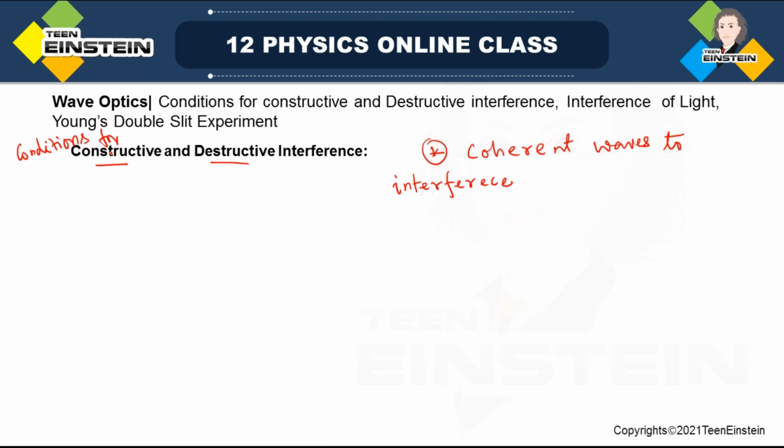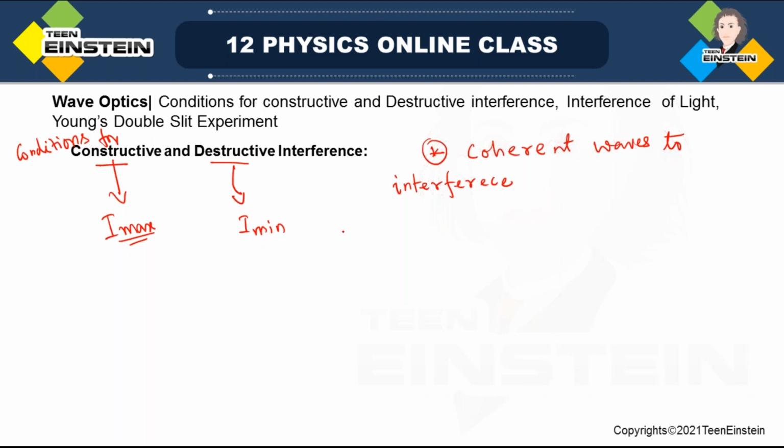Destructive interference means this will give minimum intensity, and upon constructive interference, that means upon superposition of two light waves, intensity will be maximum at the places of constructive interference. Okay, so we know these things from our previous classes. So today we are trying to find a mathematical expression in terms of wavelength, path difference, phase difference, etc.